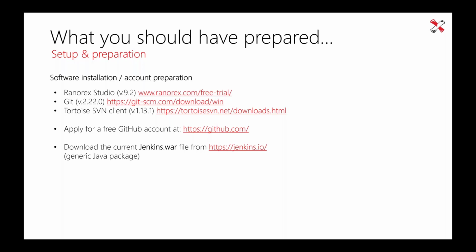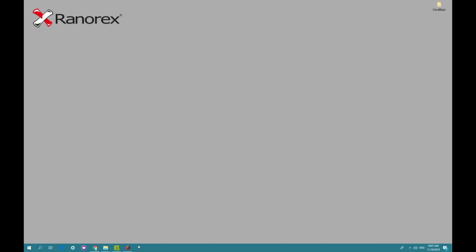You also might need some kind of compiler installation on the machine where you run Jenkins, and possibly also, of course, a valid Java installation. So this is what I have already prepared for you. And so I would say, let's start by preparing a Ranorex solution.